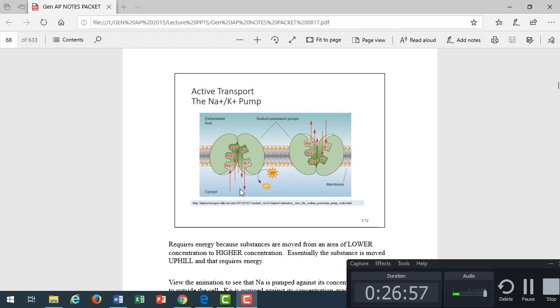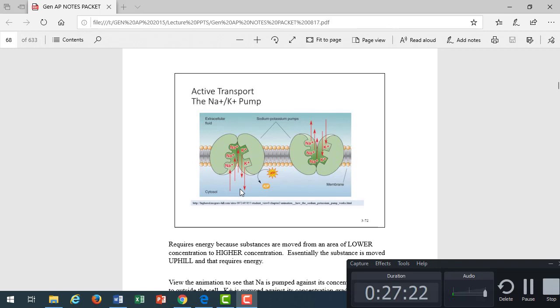It's constantly taking the sodium, bailing it out, and there are leak channels for sodium. Because there's more sodium building up outside the cell, sodium wants to leak right back into the cell. So the pump is constantly dumping sodium out, constantly bringing potassium in against their concentration gradient. So there's always more potassium inside the cell, and more sodium outside the cell, because of these pumps.